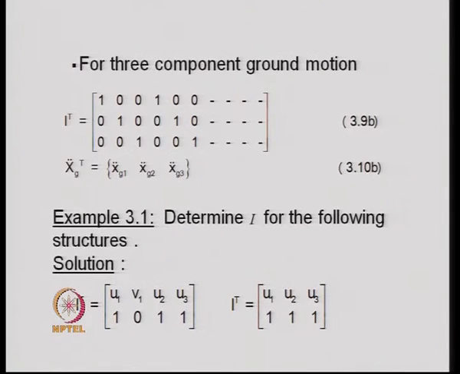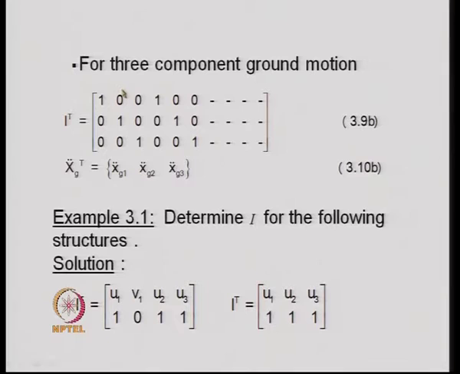For three component ground motion, in a similar fashion, we can show that the influence coefficient vector will be of this type: 1 0 0, then 1 0 0, then 0 1 0, 0 1 0 and so on. So, in this way one can write down the influence coefficient vector for the three component ground motion.